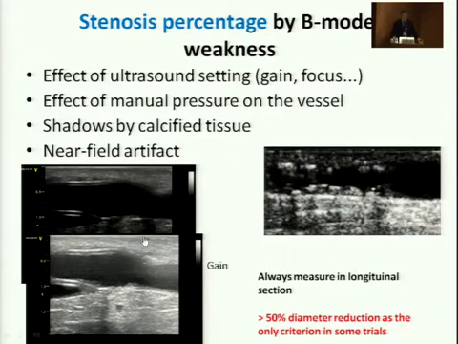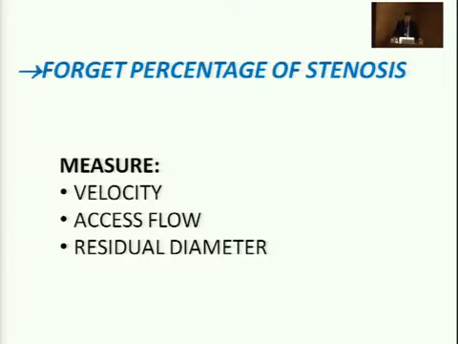Of course, also stenosis percentage estimation by B-mode has some weakness. It is our brain, our hand, but it is the effect of ultrasound setting, the effect of too much manual pressure on the examined vessel, some shadows mostly by calcified tissue, inappropriate setting of the B-mode, and so on.